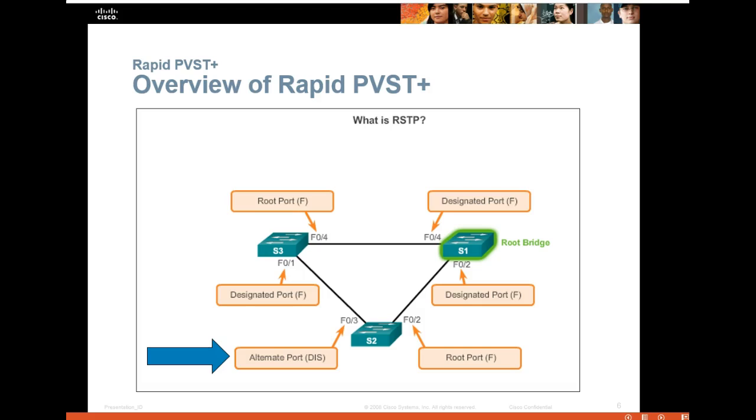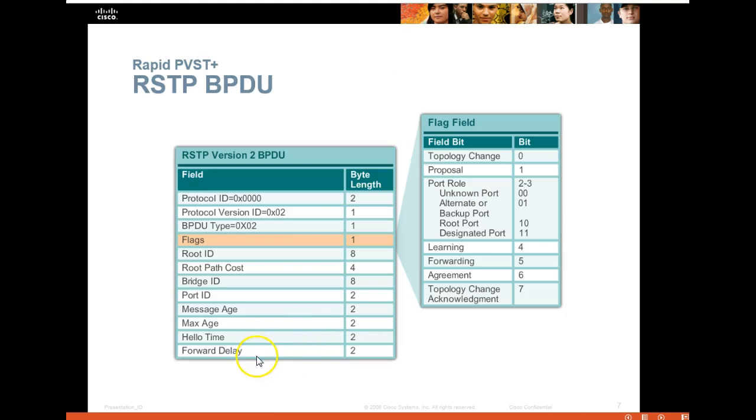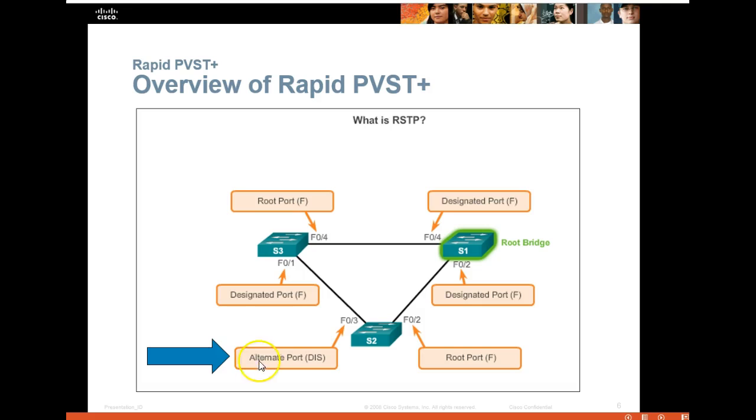All right, same deal. It supports a new port type, the alternate port, in the discarding state, which is right here. We're looking at the alternate port down in F03. So this alternate port discarding, instead of blocking, just holds the data and discards data until it fails over and it's time to keep processing.